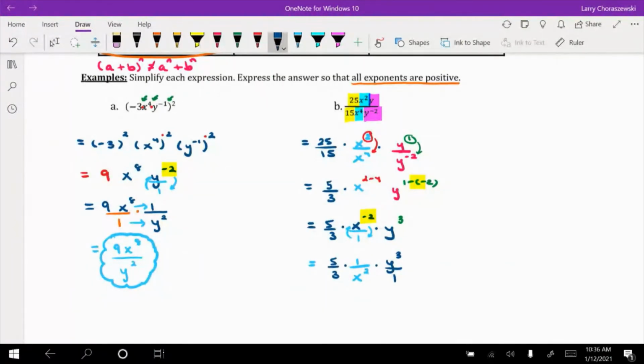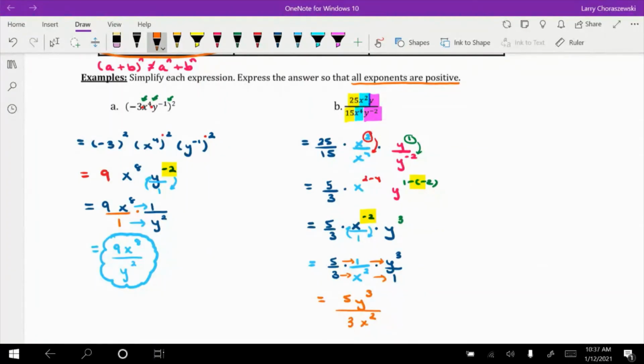And like we did with example part A, we're going to multiply fractions together. You just multiply across the tops and across the bottoms. So case in point, we'll have 5 times 1 times y cubed. So that's 5y cubed. And on bottom, we'll have 3 times x squared times 1, giving us 3x squared.